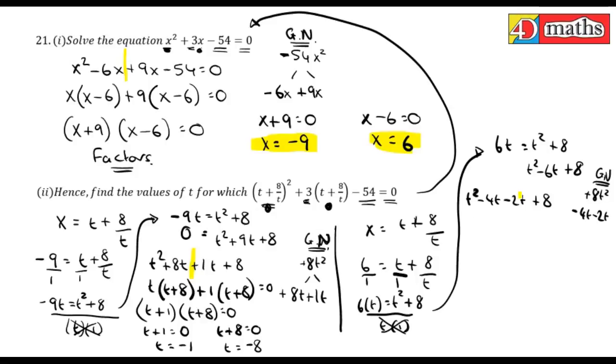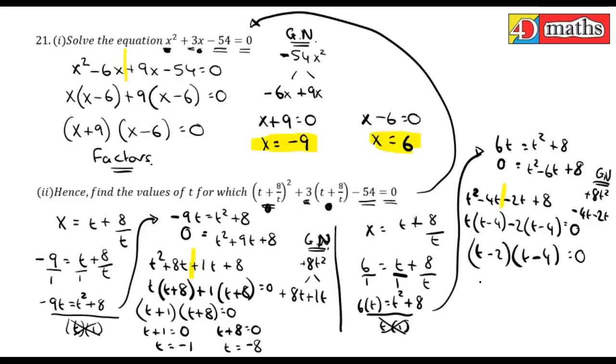Split it in half. So t out, you're left with t minus 4. Take out minus 2, and you're left with t minus 4. Now remember, that's equal to 0. So my two factors are t minus 2 and t minus 4. And in solving them, t minus 2 equals to 0, t is equal to 2.